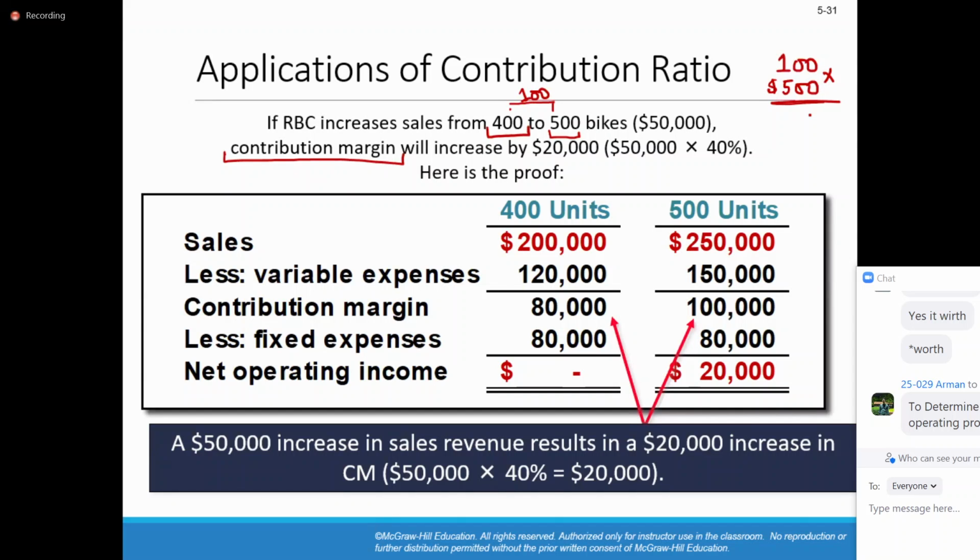It should be $50,000. Now, it is our sales value. Okay. Now we have the contribution margin ratio of 40%. From where we are getting the contribution margin ratio?